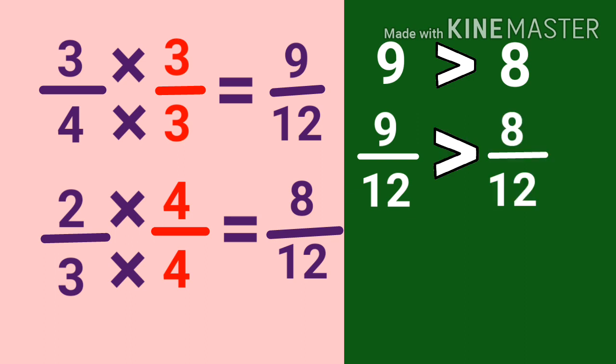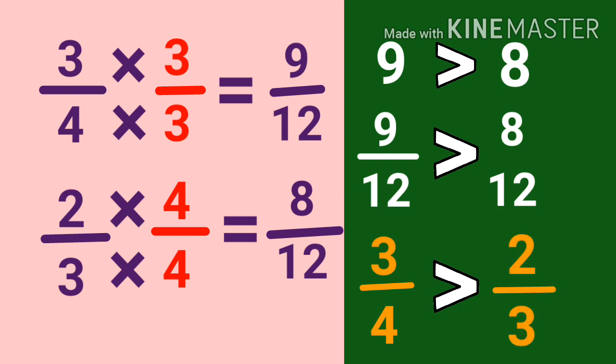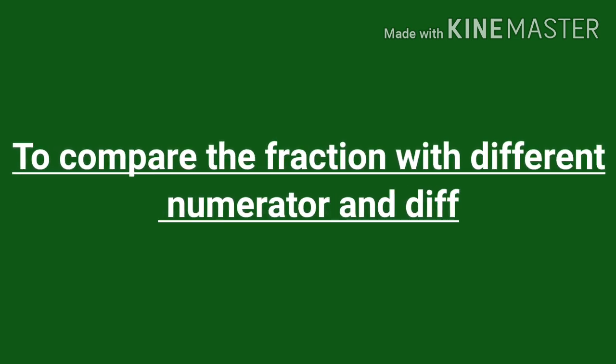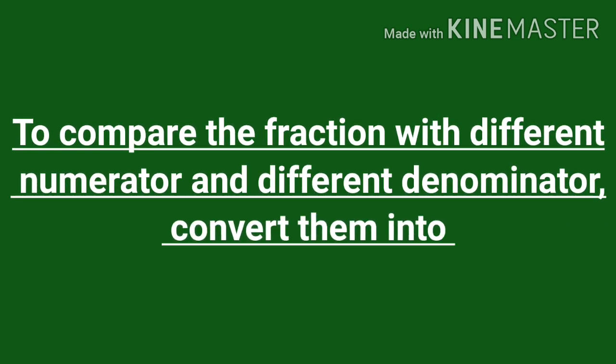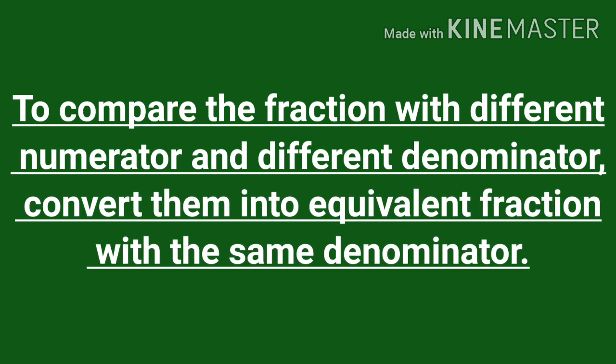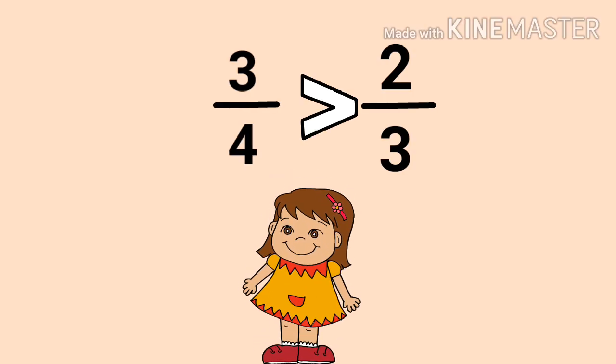Thus 3/4 will be greater than 2/3. Let's repeat. To compare fractions with different numerators and different denominators, convert them into equivalent fractions with the same denominator. Hence, in the second situation, Madhu ate more cookie.